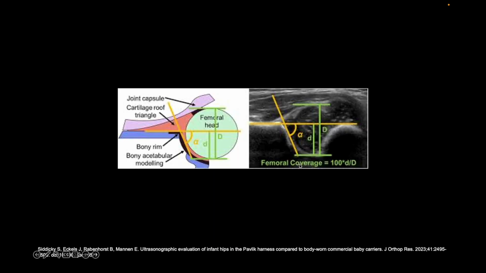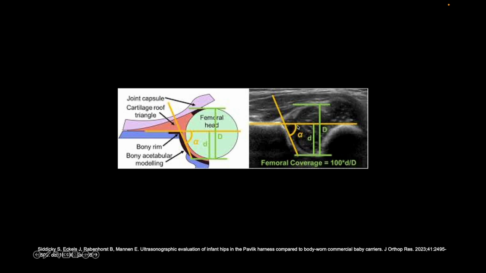There are a few angles that you should be aware of, which they can ask you in the exam. And this is where femoral acetabular dysplasia, this is how it's diagnosed. The alpha angle is between the ilium and then your bony acetabulum like this. This should be above 60 degrees.